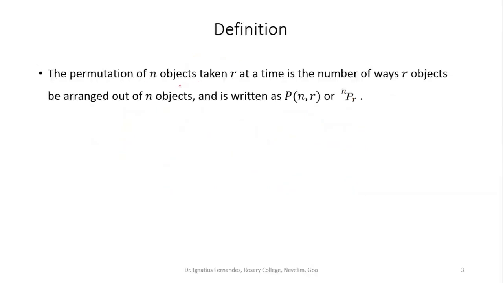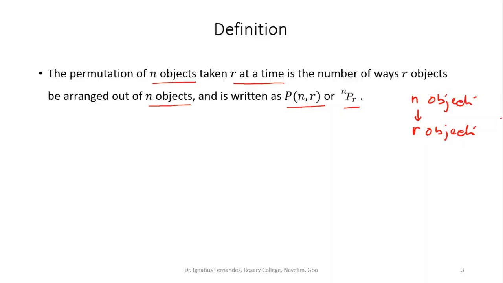So what permutation says is, if I have n objects, and I had four objects there, taken r at a time, the permutation of n objects taken r at a time is the number of ways r objects can be arranged out of n objects, and it is denoted by the notation either P(n, r) or nPr. So basically I have a total of n objects, out of which I am arranging r objects.